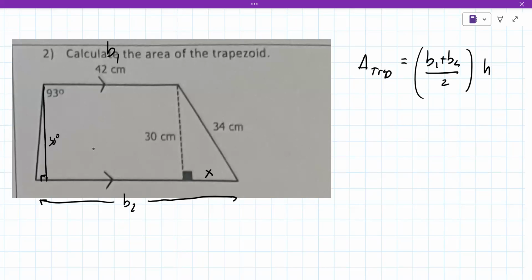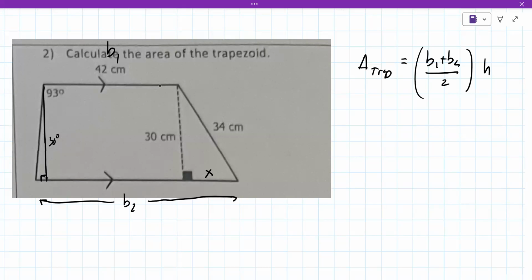Oh, these are parallel. That's good. So it looks like you need to find this little length here. Oh, you do have one of the sides, but you don't have one of the angles. Sorry, I'm just looking ahead here. 93 degrees.